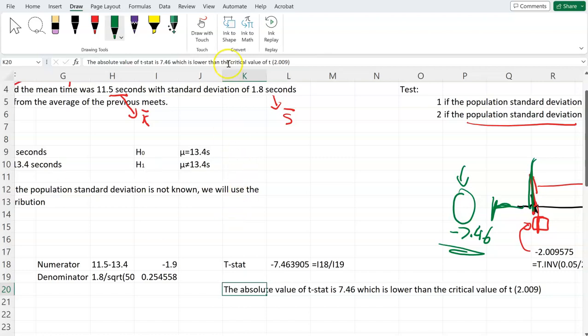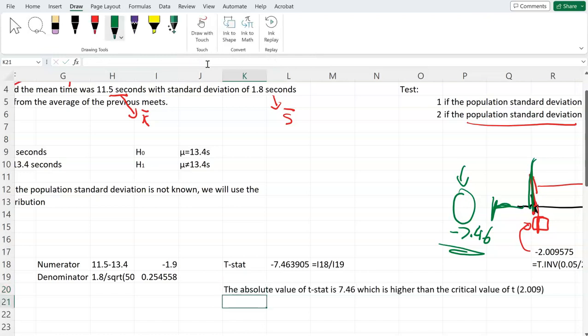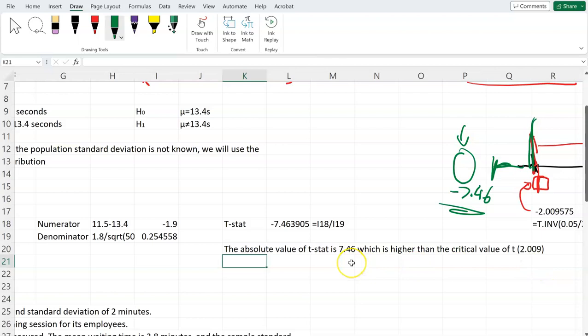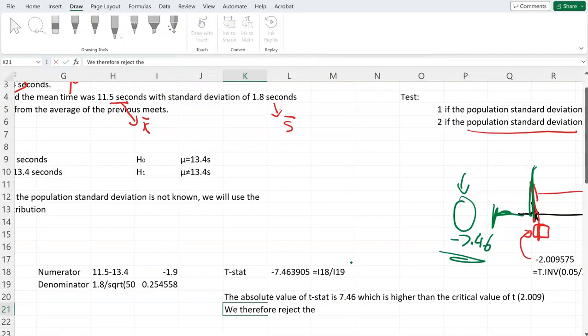So just to keep it easier, let's just take the absolute value, which is then higher. And we always write this sentence: the absolute value of t-stat is 7.46, which is higher than the critical value of t. So then we would say we therefore reject the null.